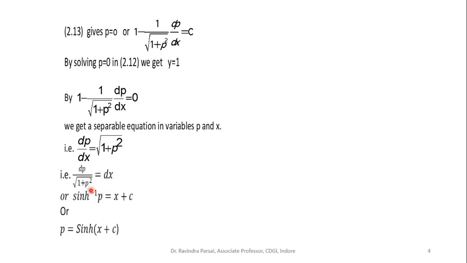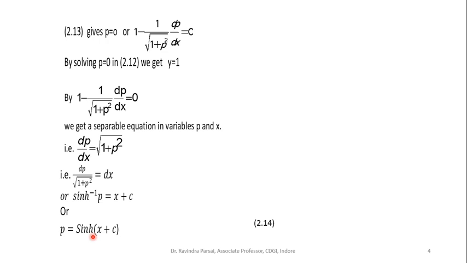Or we can write dp upon root of 1 plus p square equal to dx, and integrating, the integral of this is sine hyperbolic inverse p equal to x plus c, or we can write p equal to sine hyperbolic of x plus c.